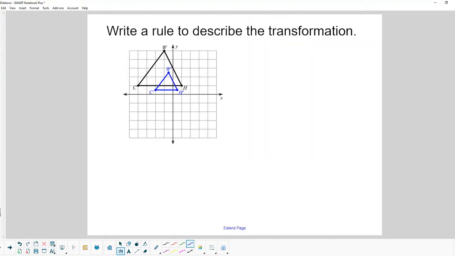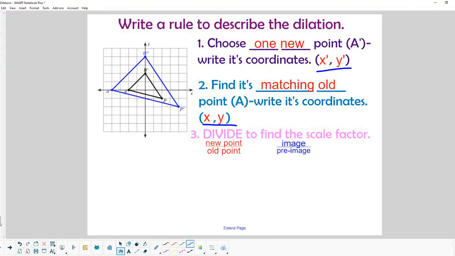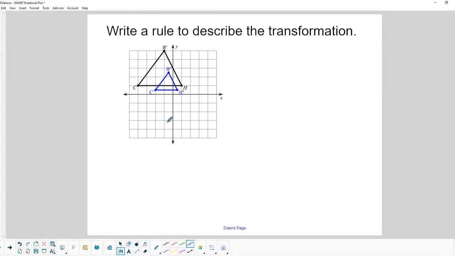So again, we're doing the new image first. So find one point. Let's look and see what's a good point to use. This is kind of challenging actually, but let's go ahead and use W. So we've got -0.5 and 2.5.